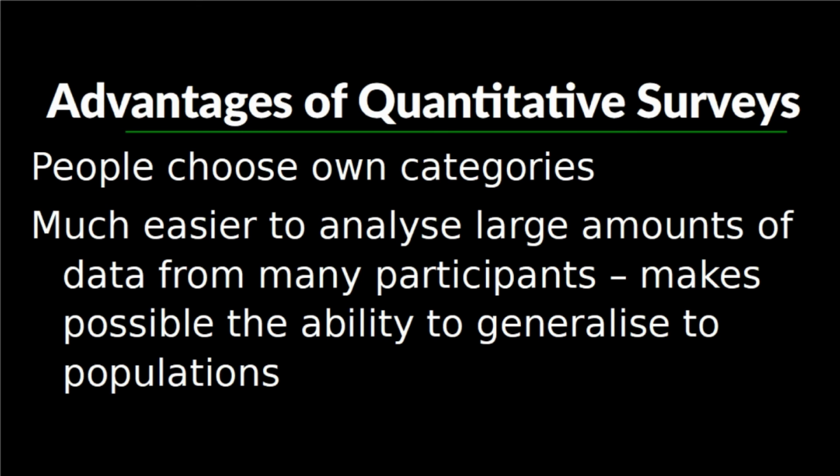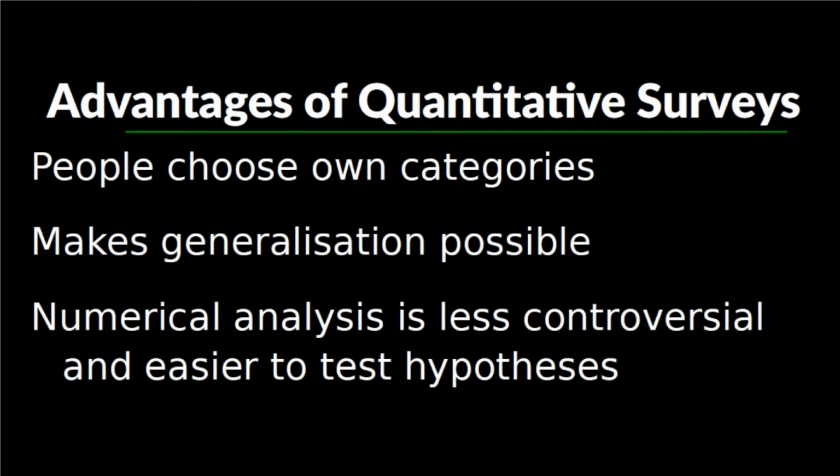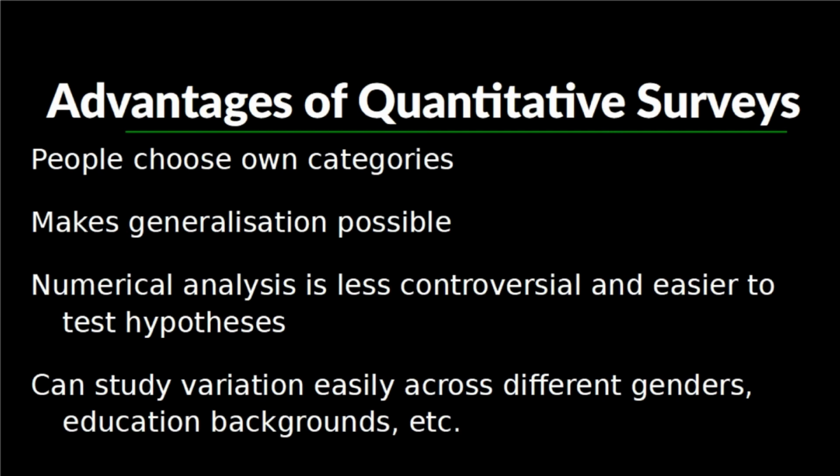It makes it possible to generalise to populations. Numerical analysis is less controversial, and it's easier to test hypotheses. And you can study variation easily across different genders, education backgrounds, different socioeconomic backgrounds, and so on.